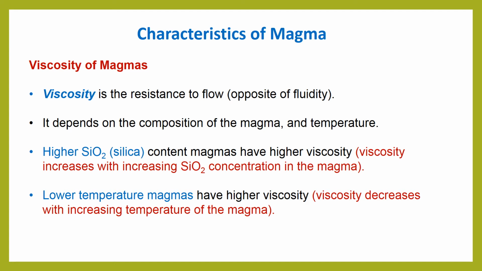Higher silica content of the magma leads to high viscosity, so viscosity increases with increasing silica content. And lower temperature magmas have higher viscosity, which means the viscosity decreases with increasing temperature of the magma.